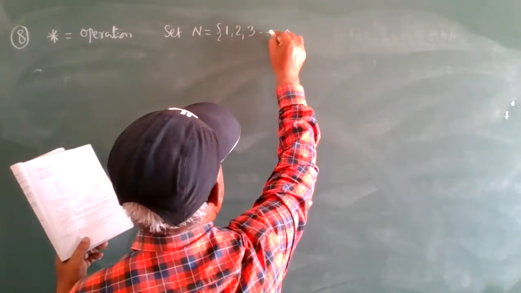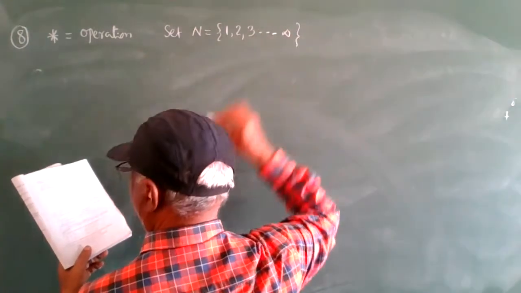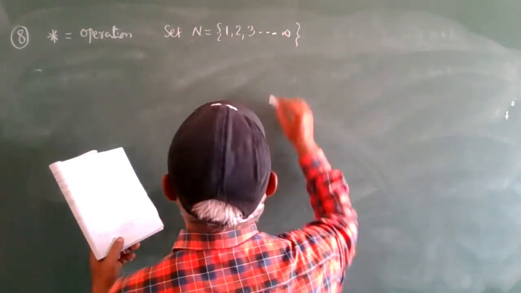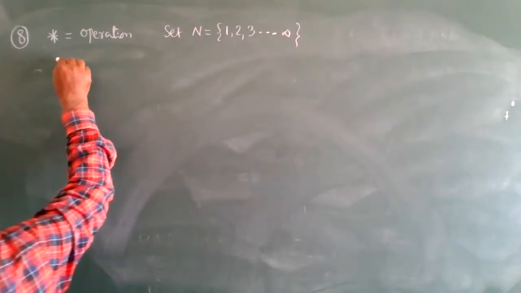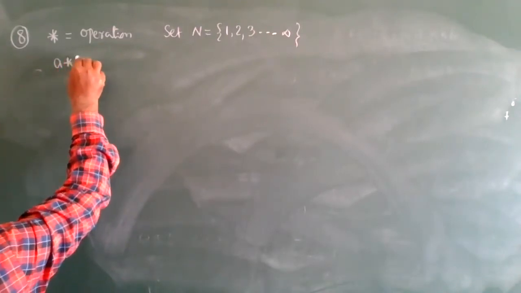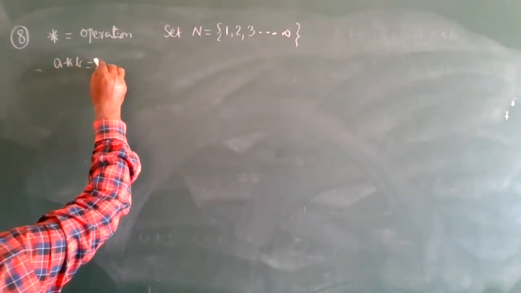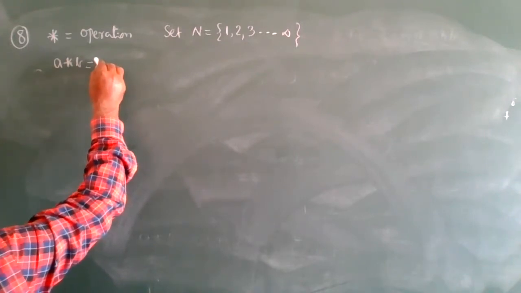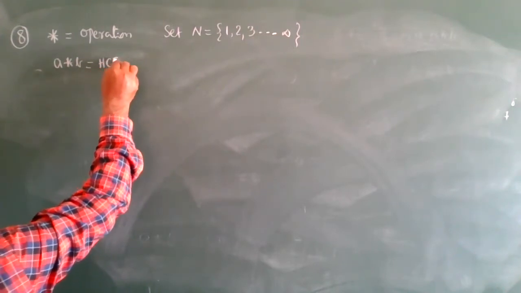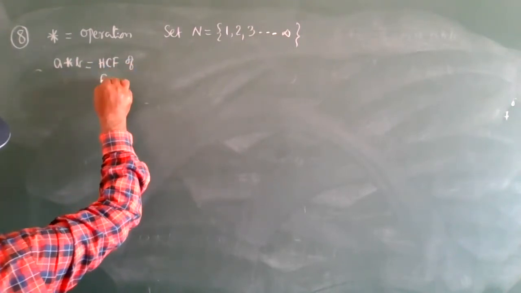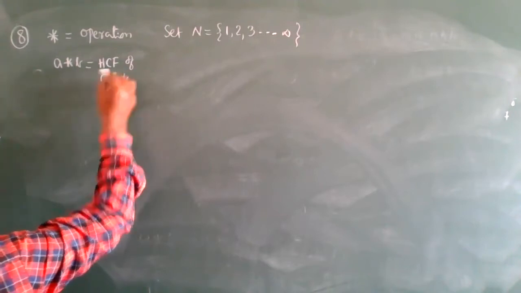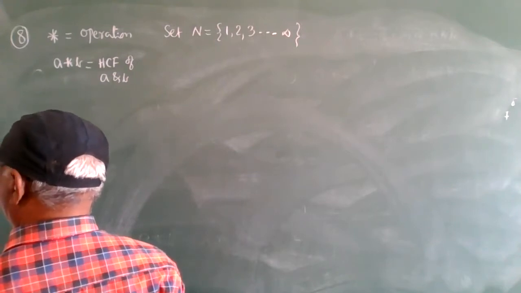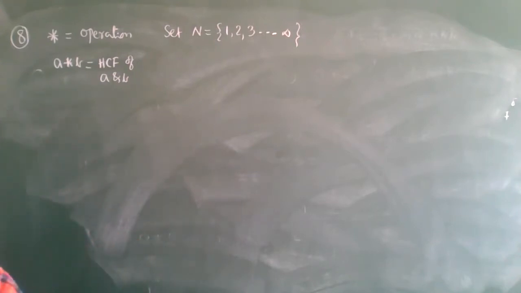A star B is defined by the HCF of A and B. We have to check whether it is commutative, associative, and whether an identity exists.